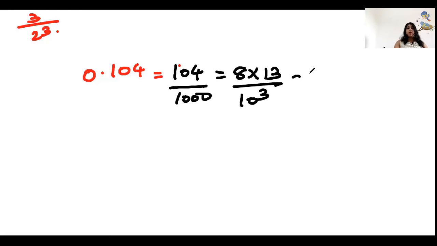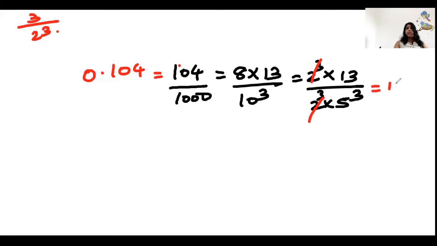This 8 is 2 cube. So 2 cube into 13 divided by 2 cube into 5 cube, because I already told you that 10 we can express as 2 into 5 the whole cube, that is 2 cube into 5 cube. Here also I can cancel this and I got the answer as 13 by 5 cube. So I am just noting this answer also, 13 by 5 cube.